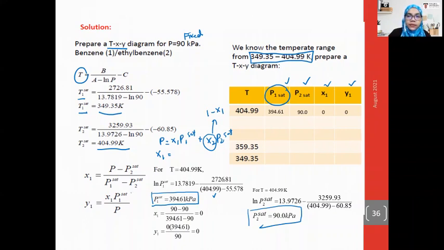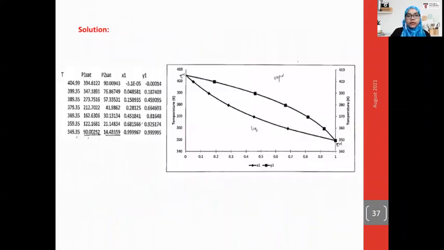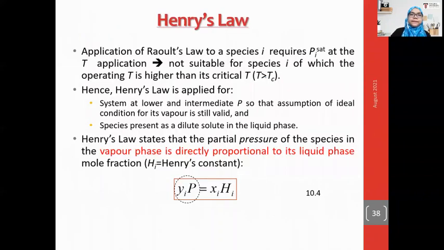So you can get the value of Y1 using this equation. Okay, and then finally we can plot our graph. This is our dew line, and this is our bubble line, or the first drop of the liquid observed here, and this is our last drop of the liquid. So this can be observed by using the dew line.